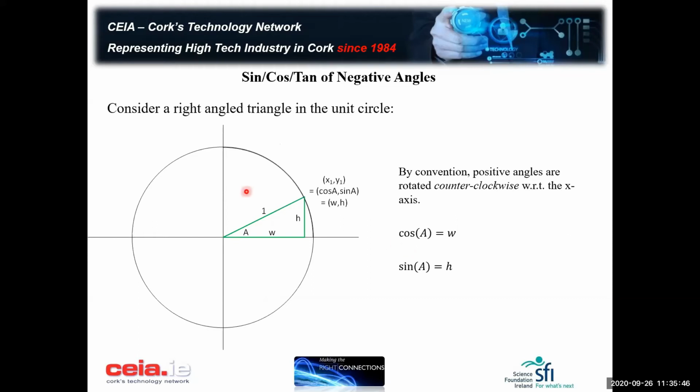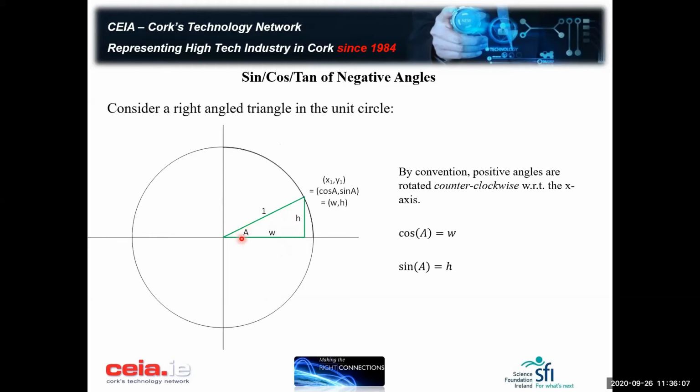First, let's recap on the stuff that Ed has already covered. If you look at a positive angle, and by convention, a positive angle is one that is rotated anti-clockwise from the x-axis. So that brings it above the x-axis.